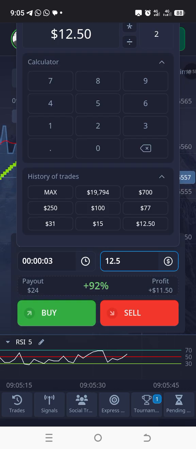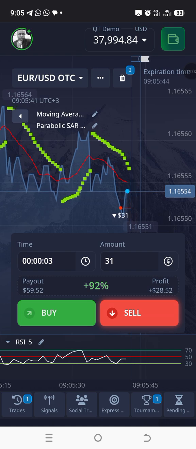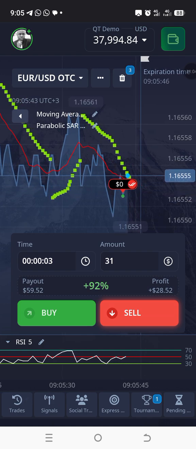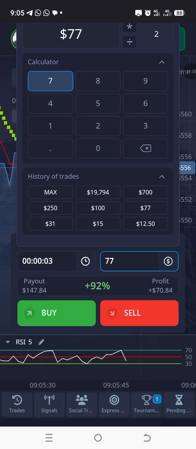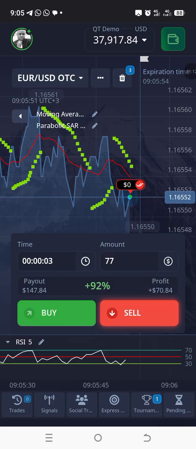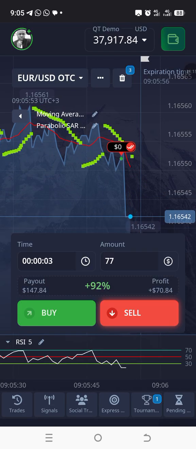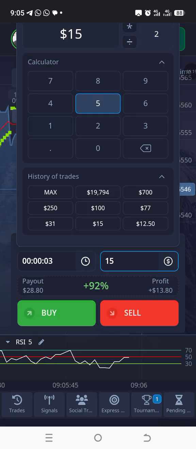You increase to 31. It's going down, it has changed, you lose. Increase the martingale to 77. It's going down, you lose. You increase the martingale to 151.